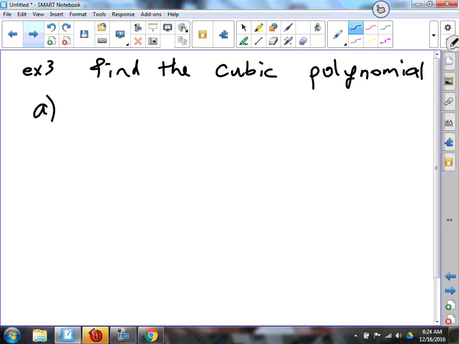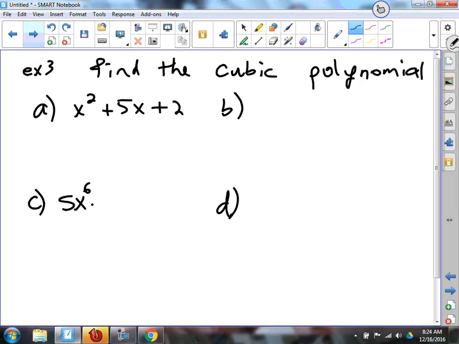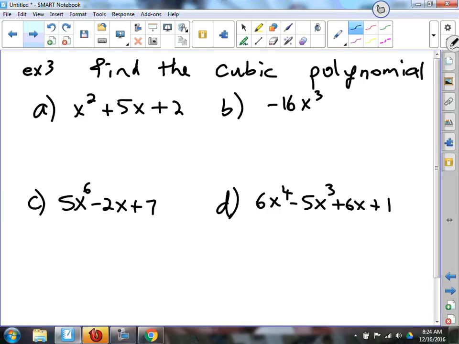Number A, number B, number C, number D. X squared plus 5x plus 2. 5x to the 6th minus 2x plus 7. Negative 16x cubed, 6x to the 4th minus 5x to the 3rd plus 6x plus 1.